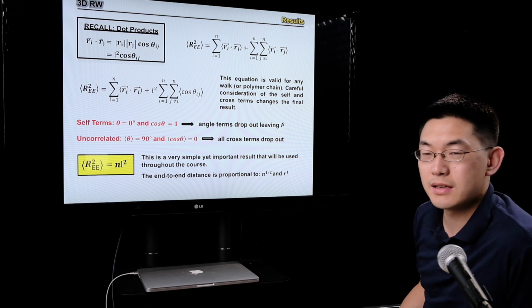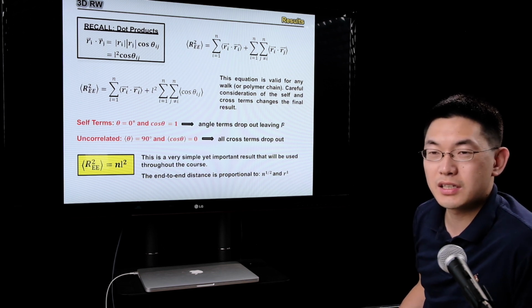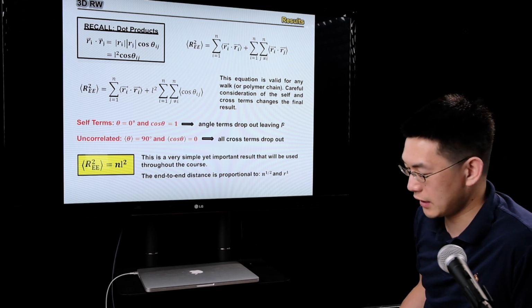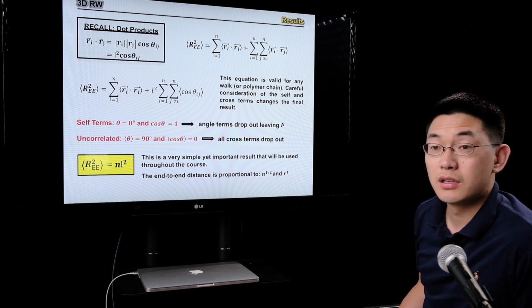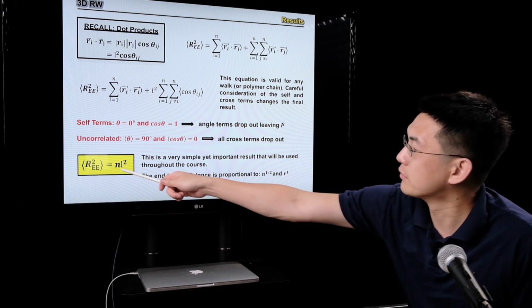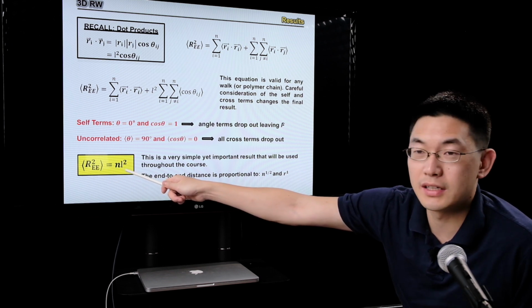What that means is your end-to-end distance can be simply calculated if you know the number of bonds along the backbone multiplied by the bond length.